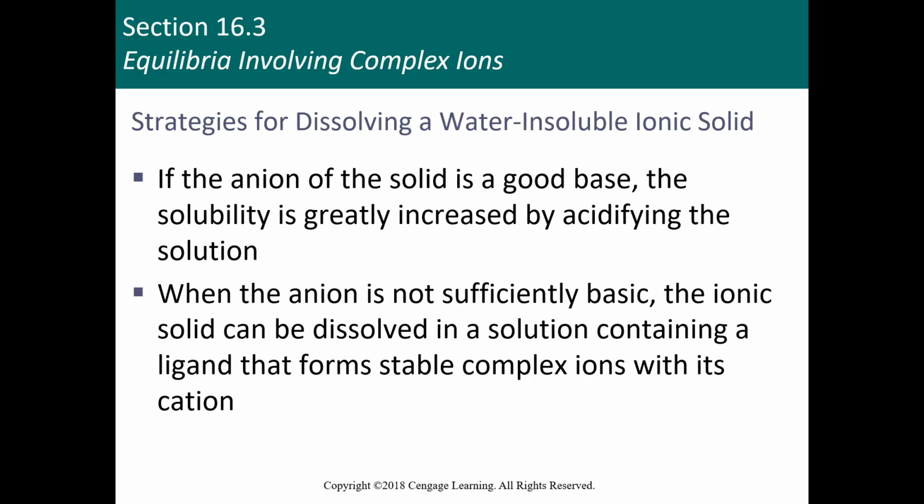Well, some of the strategies for dissolving water insoluble ionic solids are going to center around these complex ions. So if the anion of the solid is a good base, the solubility is greatly increased by acidifying the solution. Essentially, you're going to be taking out that anion and making an acid out of it, right? Just like we had talked about before with things like F minus, you had an acid that will create HF, which means they'll push it towards dissolving.